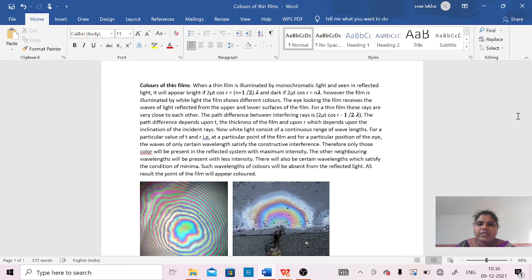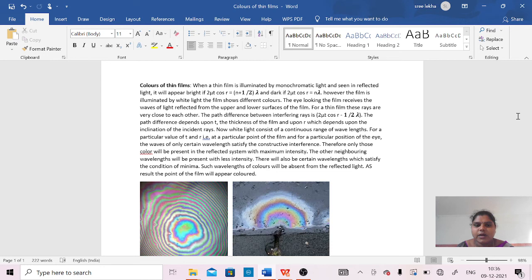That means the inclination of the incident rays. Whenever we consider white light, it consists of a continuous range of wavelengths. For a particular value of t and r, and a particular position of the eye, only certain wavelengths satisfy the constructive interference.